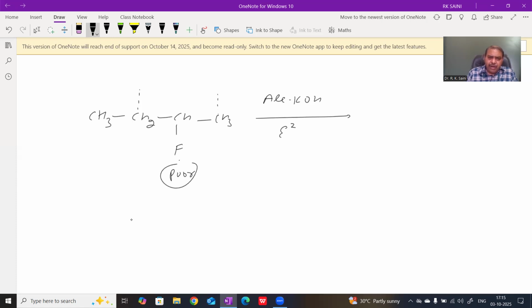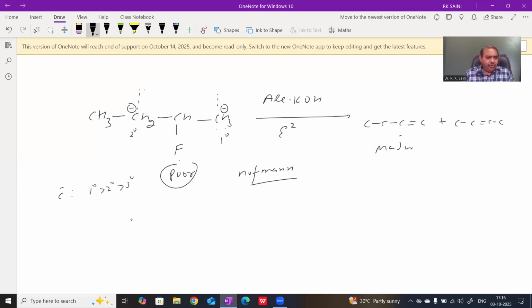This is the beta carbon. After removal of H, the beta carbon carries negative charge. But the right-hand side beta carbon gives a primary carbanion and the other is a secondary carbanion, and we know that the stability of carbanion is primary, secondary, tertiary. Therefore, the major product is 1-alkene. The major product is 1-butene. 2-butene is also there, but the major product is the Hofmann alkene if the leaving group is very poor, as in fluoride ion.